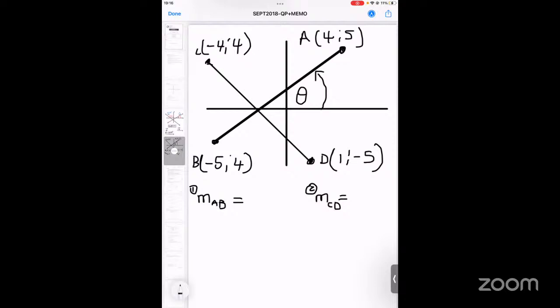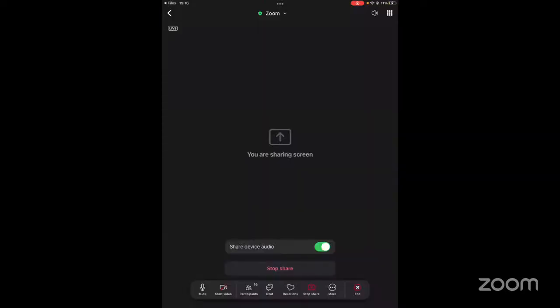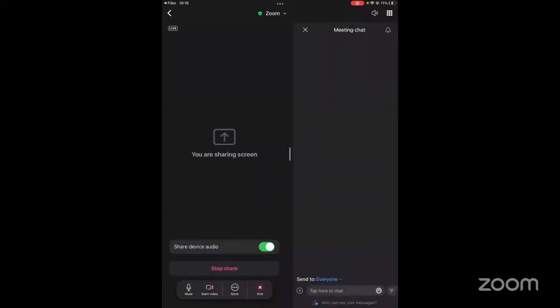Very quickly, can you guys calculate the gradient of those two lines? We've got angle theta and angle beta. Let's see if you guys have got the answers for me. No answer. Guys, are you still working on it, or what's happening there?